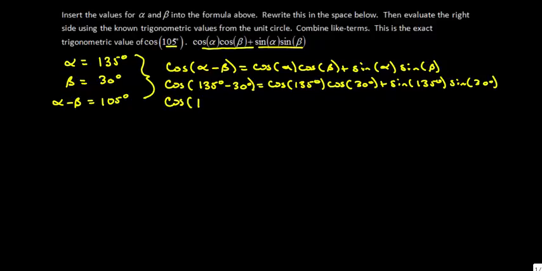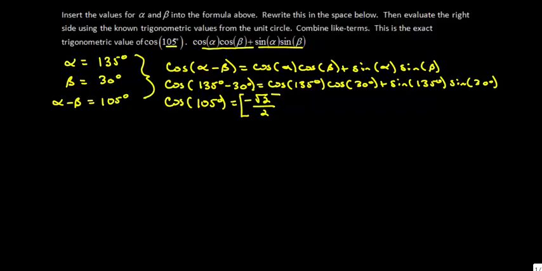So this is going to give me the cosine of 105 is equal to, now the cosine value at 135 is going to be equal to negative square root of 2 over 2.